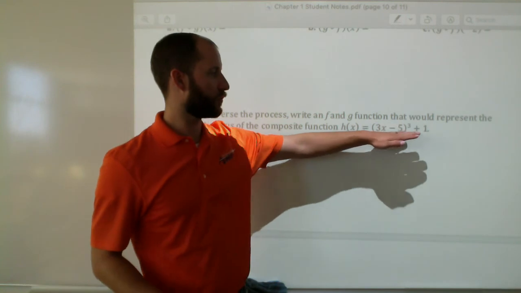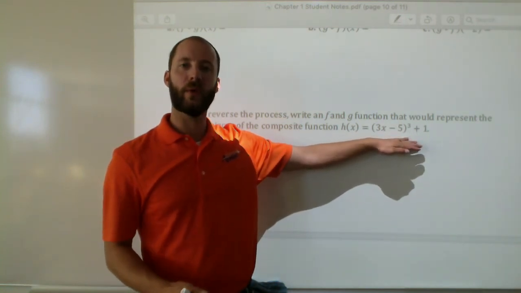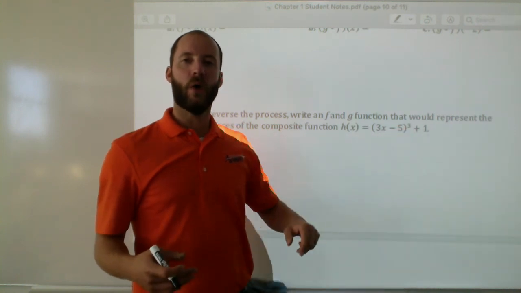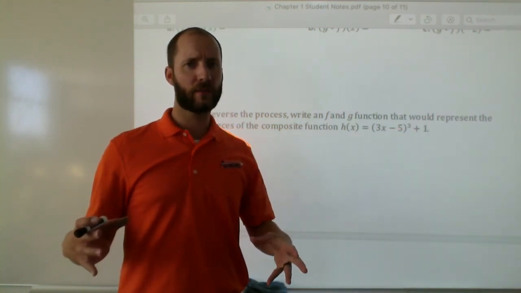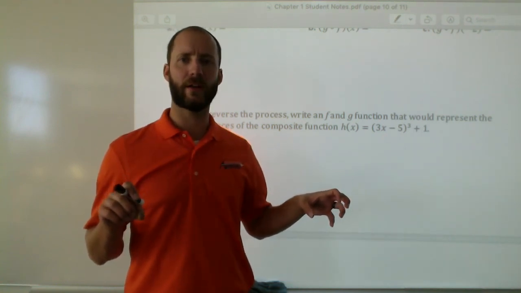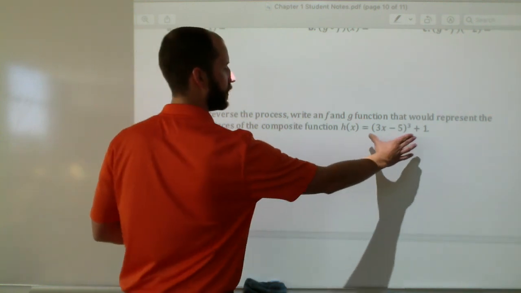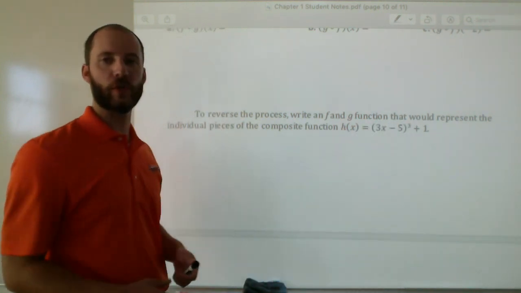If we look at this expression here, what got plugged in? Kind of pull this apart. What's the overall function? What got plugged into that overall function? You pick those pieces apart to get an f and g that, when composed, give you the function rule for h.